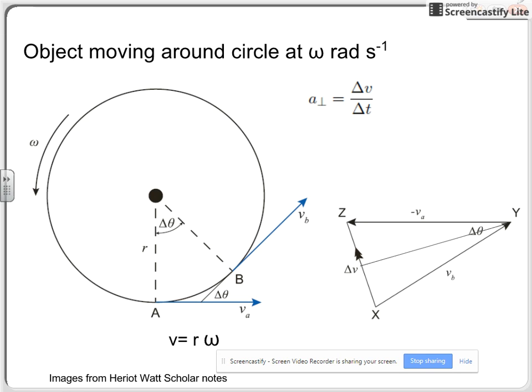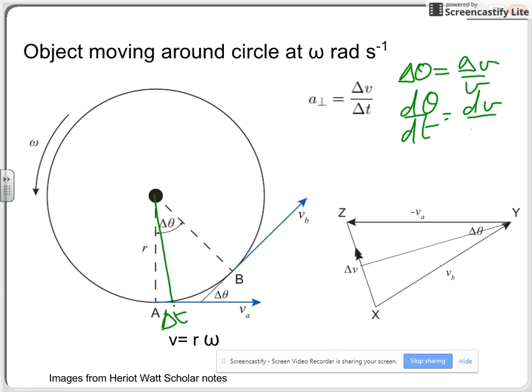So to get delta V, go back to what we had. On the previous screen, the change in angle was delta V divided by V. We're going to take both of those sides and differentiate with respect to time. If the angle is very small, we can say that's all happening in a small time interval, delta t. So if we differentiate both sides, we get d theta by dt equals dv by dt times 1 over v.